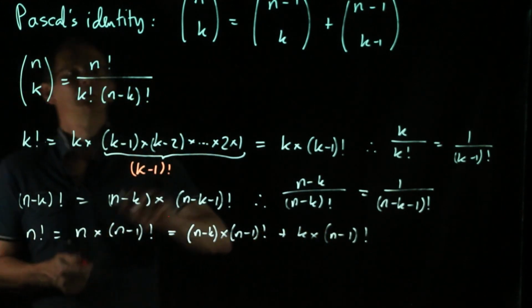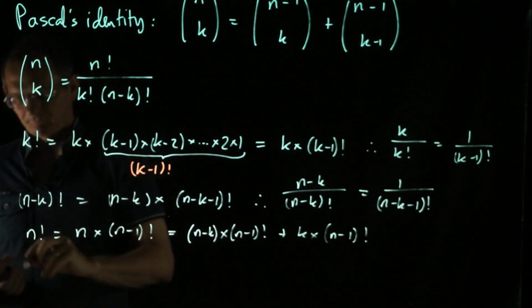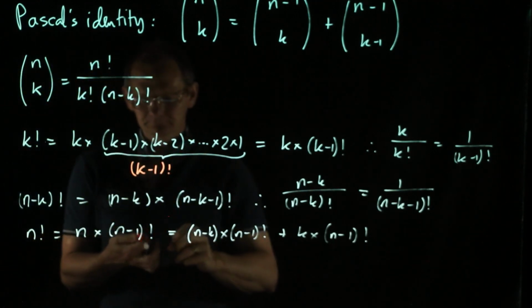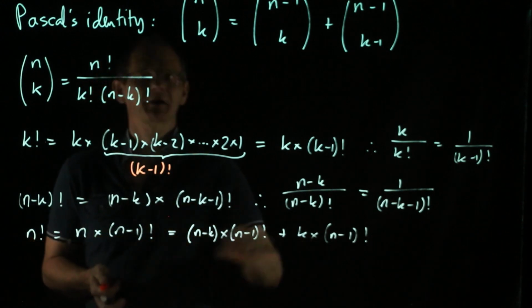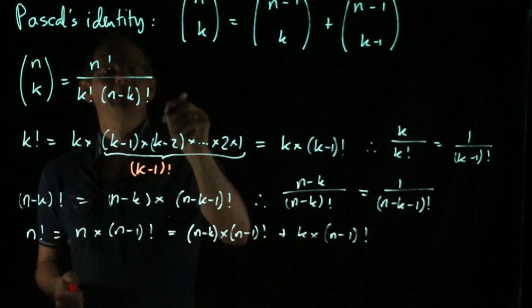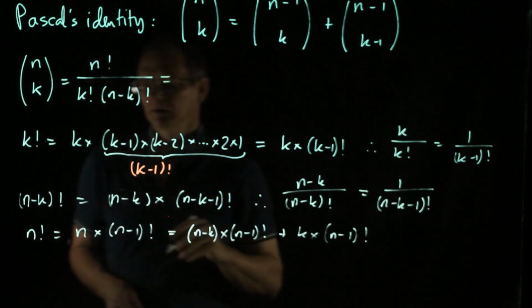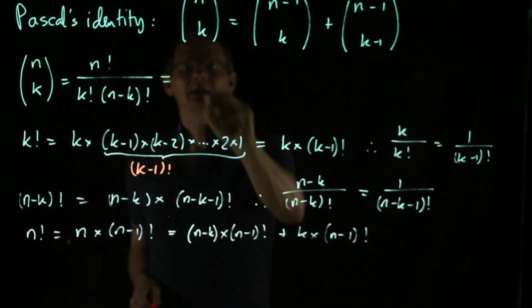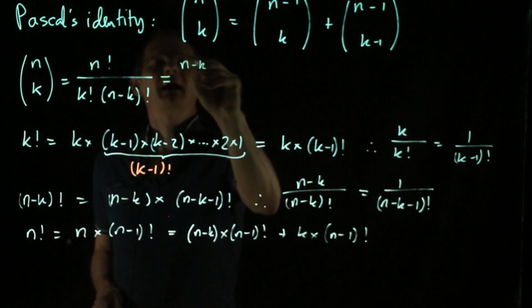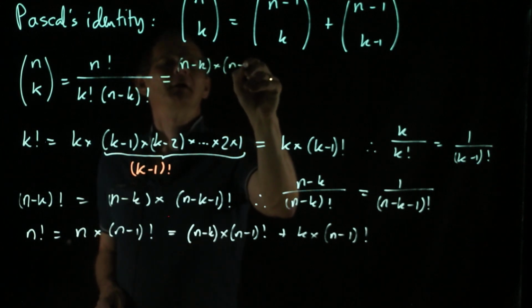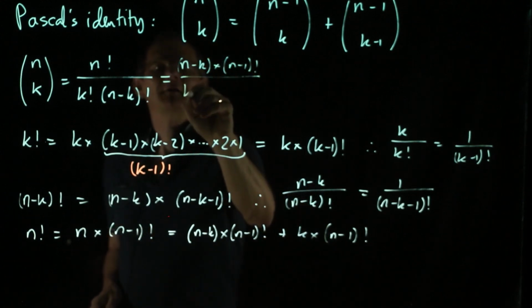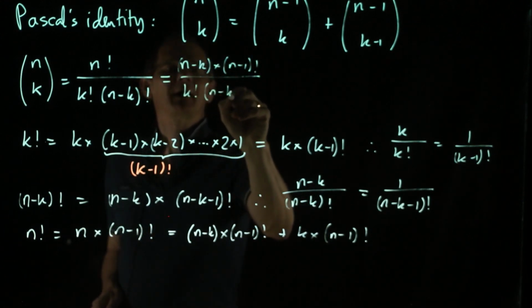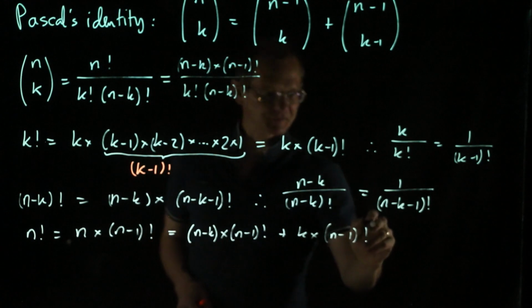We'll now go back up to here. Writing this out, putting in this equation for the n factorial, what we get is this first thing: n minus k times n minus 1 factorial divided by k factorial n minus k factorial. Here we've just used this equation.